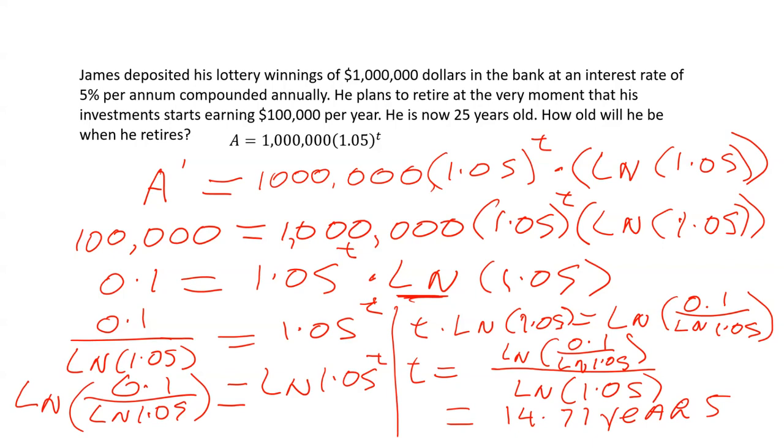A bigger interest rate means that your $100,000 per year is going to arrive earlier. A smaller interest rate means it's going to take longer. In fact, I remember trying it out, and I think if it was like 2%, which is actually not that far off, I'm sorry to disappoint you, it worked out to be like 80 years, if I remember correctly. It was a really long time. He'd be like 100 years old by the time it got to $100,000.